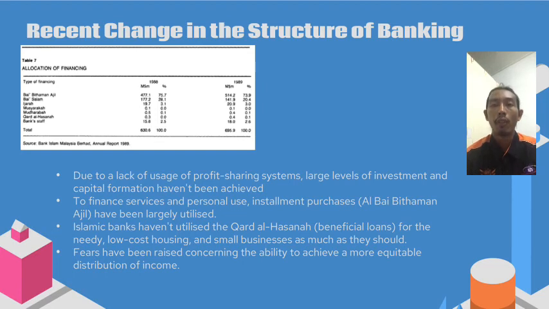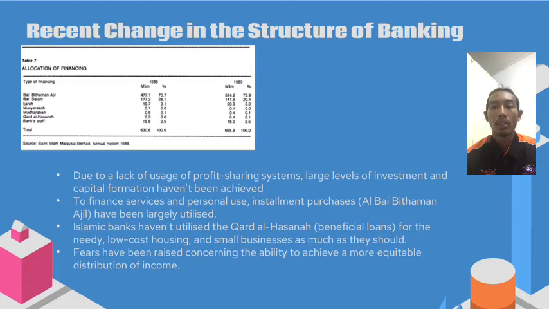Due to the lack of usage of the profit sharing system, a large level of investment and capital formation hasn't been achieved. To finance services and personal use, installment purchase, al-bay bitaman ajil, has been largely utilized.